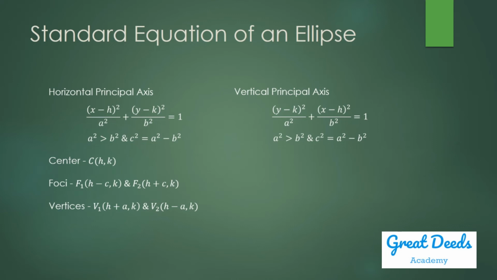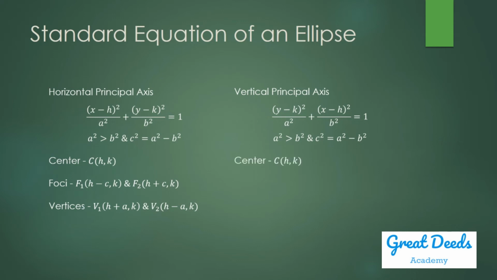It can be confusing recognizing which equation goes for the principal axis that is vertical and which goes for the principal axis that is horizontal. So what you do is you pay attention to the larger denominator. When it is under y, the principal axis is vertical. When it is under x, the principal axis is horizontal.